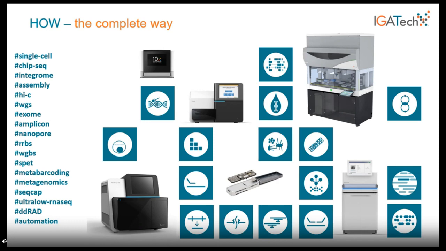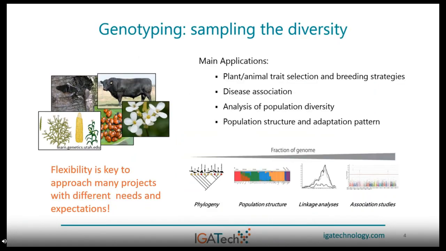After having said that, genotyping is one of the applications we are running the most, because now with sequencing-based genotyping, the demand has increased quite a lot during the recent years.